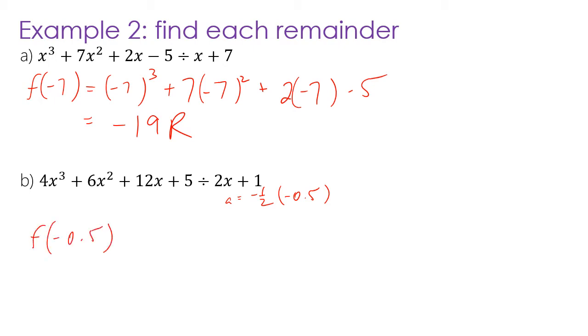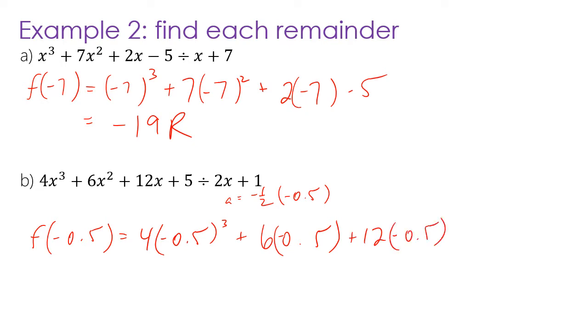I'm assuming most of you at home are preferring decimals, so I'll do -0.5. Replace all your x's with -0.5. And when you do that, hopefully you get 0.